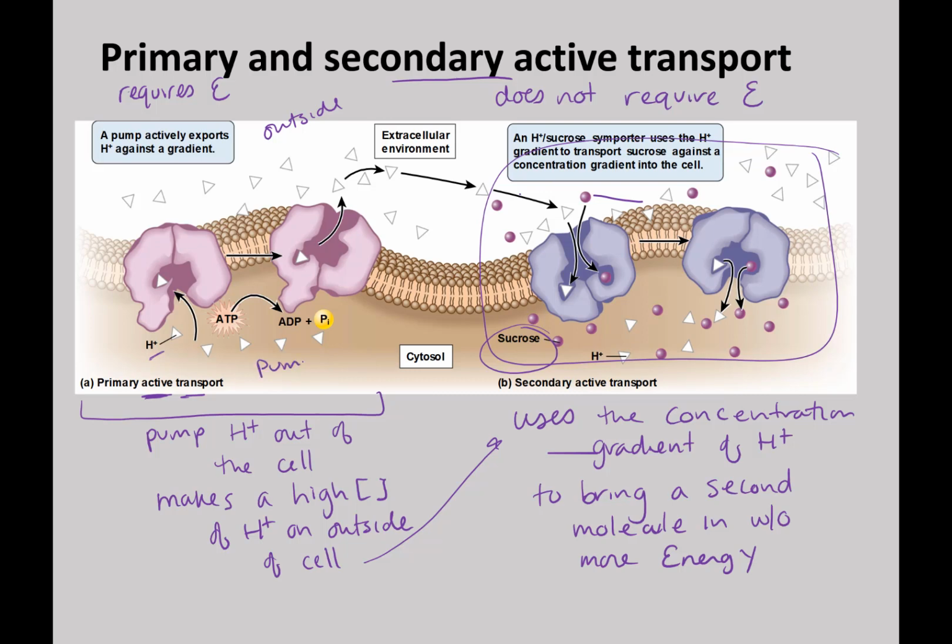So over here we have a pump. Over here we have a carrier. Over here we have facilitated diffusion of the hydrogen ions. And so we call the movement of sucrose secondary active transport.